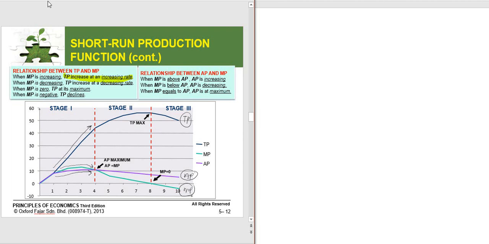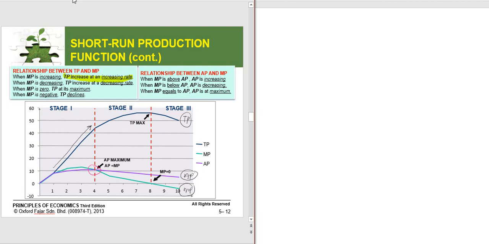And how do you know where to stop? Stage 1 ends when average product intersects with marginal product. You can see here, this is the point where average product intersects with marginal product, or average product is at maximum.